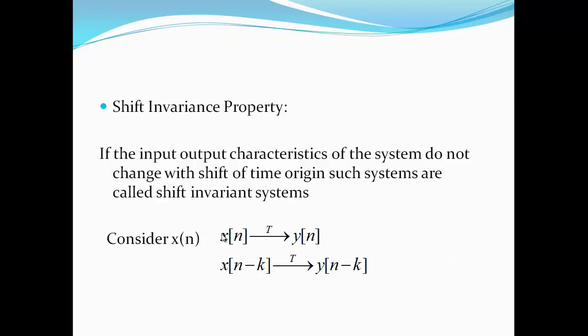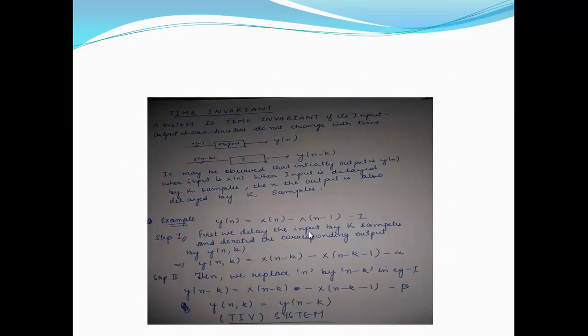So if its input and output characteristics do not change with time, you will say a system is time invariant. So x(n) is supplied to a system and you get y(n). Then for x(n minus k) you should get y(n minus k).